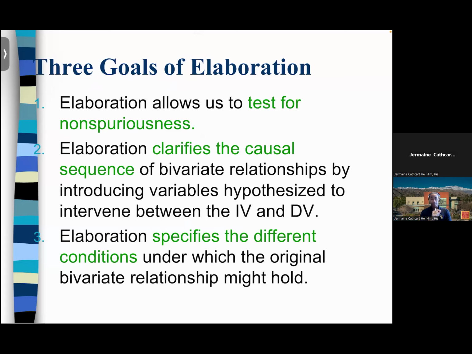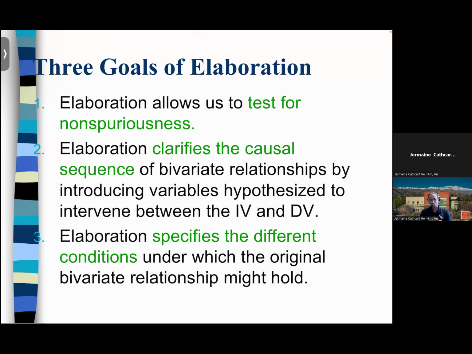The first one is to test for non-spuriousness. Big term, not super complicated. We'll discuss that on the next slide. A second thing that elaboration does is it clarifies the causal sequence by introducing what we refer to as an intervening variable.